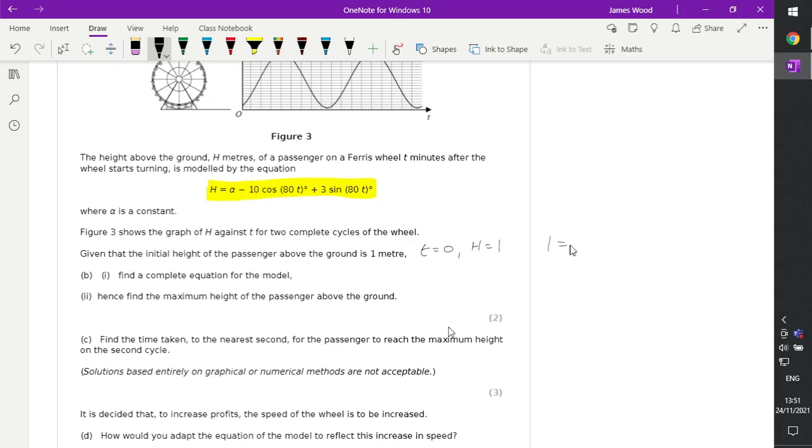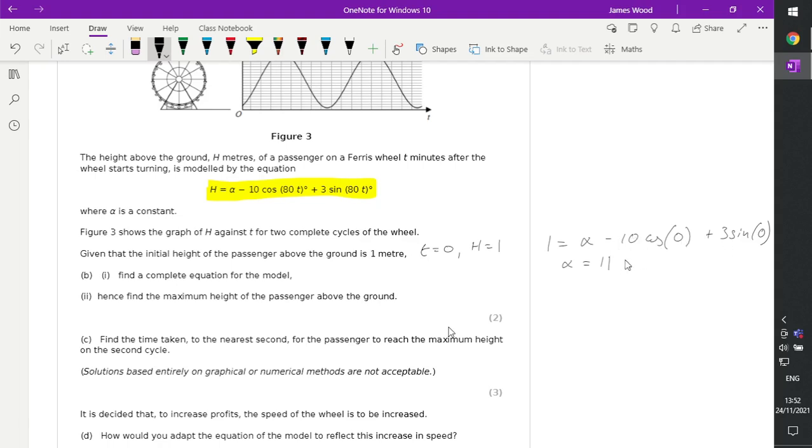So 1 equals alpha minus 10 cos of 0, because 80 times 0, plus 3 sine 0. And if I solve that, I will get alpha equals 11, because this is going to be 1 minus 10 cos 0, so that would be minus 10.